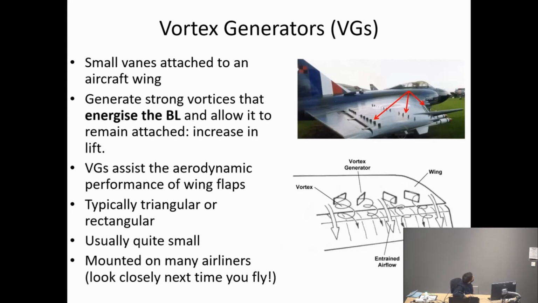As you can see in this picture, once you have a vortex generator, a vortex of high energy is created along this street of vortex generators, and that energizes the boundary layer. So you're adding kinetic energy, on purpose, by putting those things along the wing, which gives you these high energy vortex flows, okay? Again, they allow the boundary layer of the wing to remain attached for a higher angle of attack, and that will give you more lift.